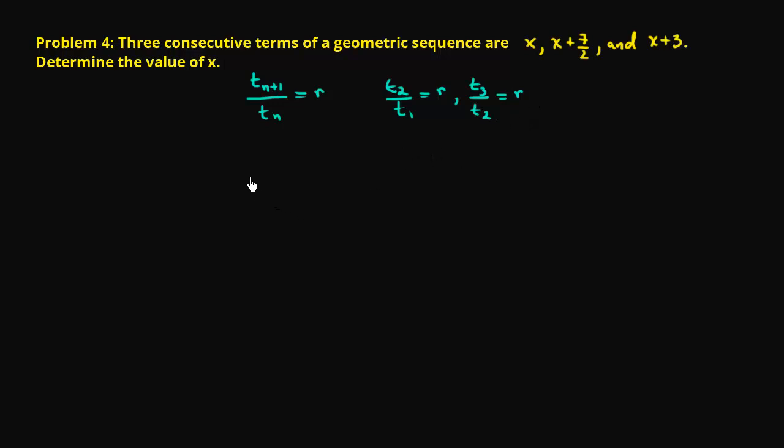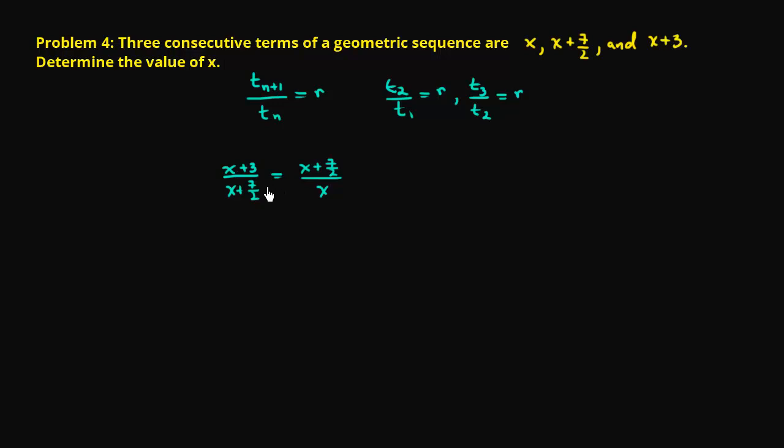So here, since we know that these are three terms in a geometric sequence, we know that the ratio of x plus 3 divided by x plus 7 over 2 has to be equivalent to x plus 7 over 2 over x.